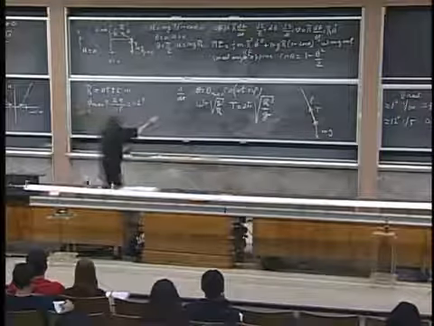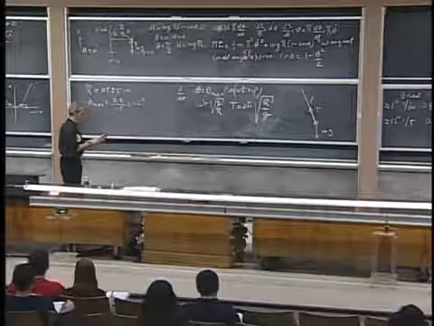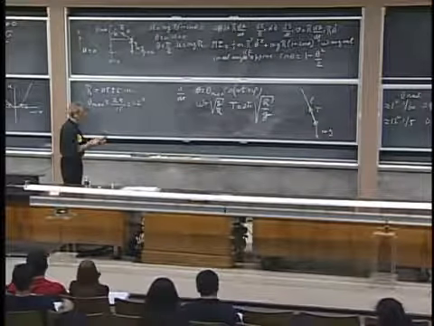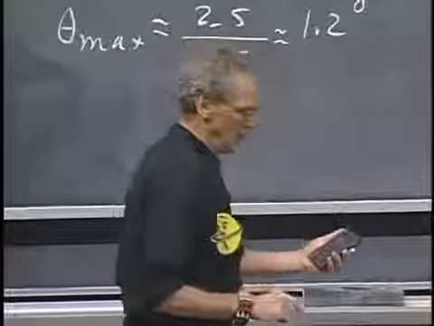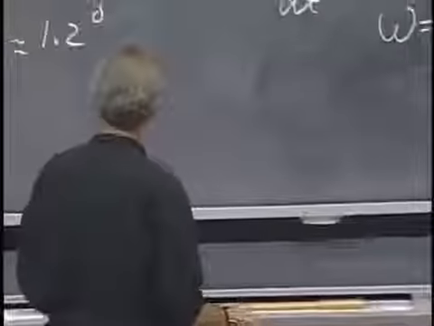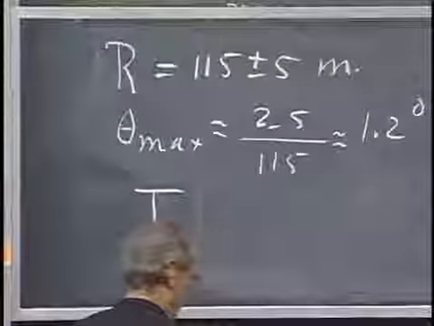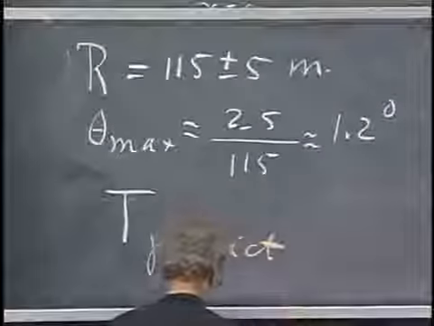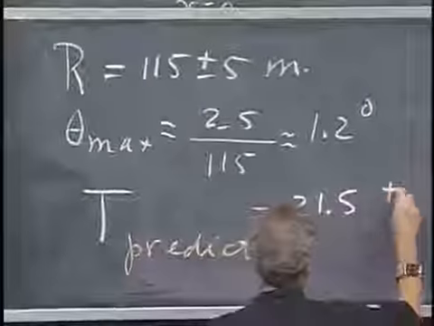I take 2 pi times the square root of r over g, and r is 115. I divide it by g, I take the square root, I multiply by 2, I multiply by pi, and I get 21.5 seconds. T, this is a prediction, equals 21.5.